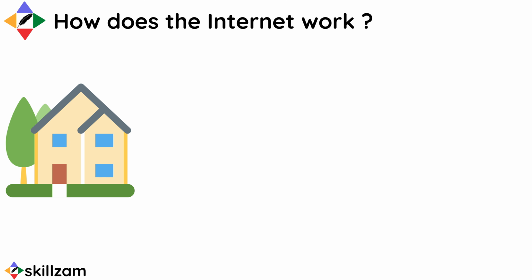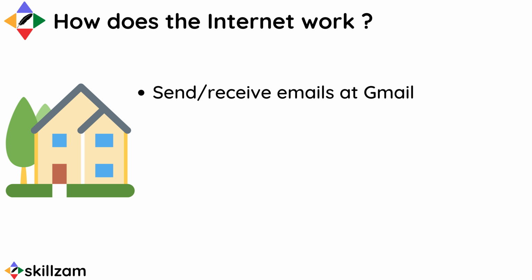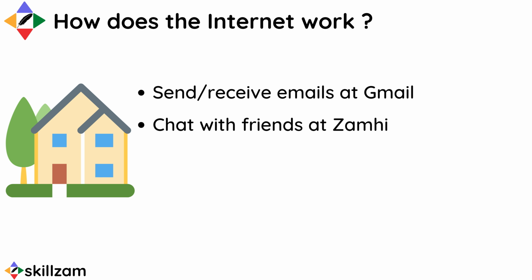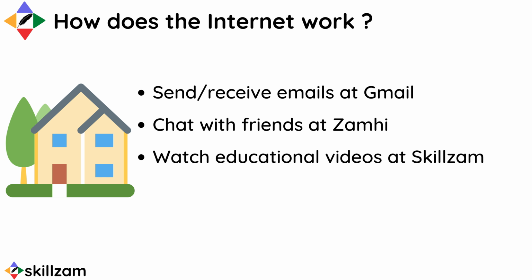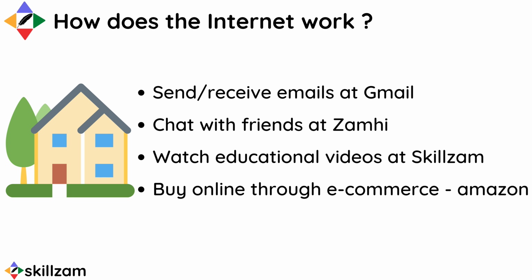Some consider the mobile device an extended arm of humans. So many things can be done using these devices connected to the web, or the internet, like sending and receiving emails at Gmail, chatting with friends at Zami, watching educational videos at Skillzam, and buying online through e-commerce websites or apps like Amazon.